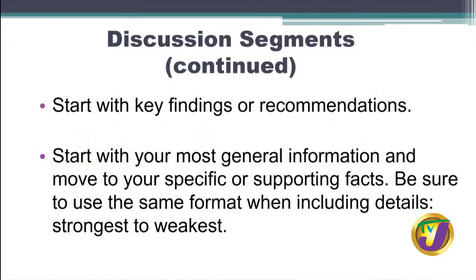So you start with the key findings or recommendations. So if you were supposed to research a problem, then right there you say what you found, maybe the cause of the problem, perhaps the root of the problem, perhaps what is making the problem worse. And then, of course, the recommendations to alleviate this problem, to eliminate this problem possibly.